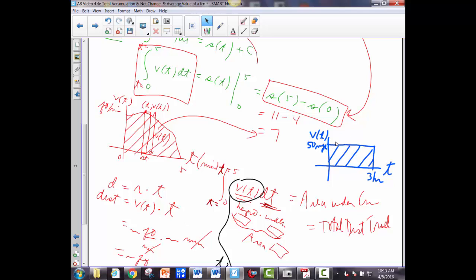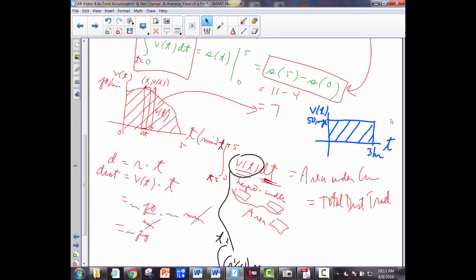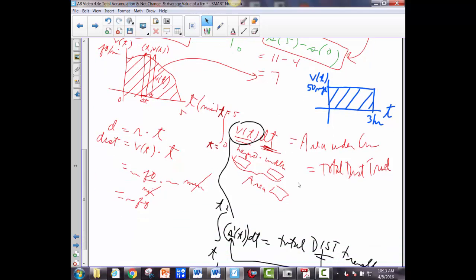So if you have a time-velocity curve, the area under the curve between t equals 0 and t equals whatever is going to give you the total distance that was covered. Okay? We're assuming right now the velocity is positive the whole time.